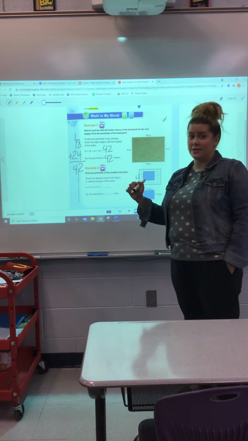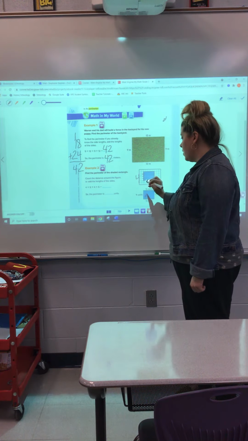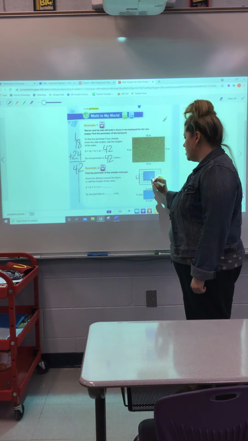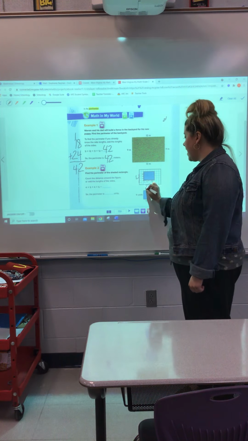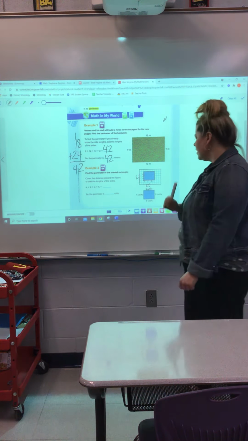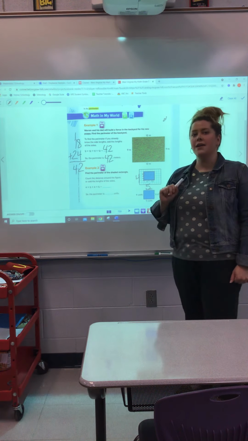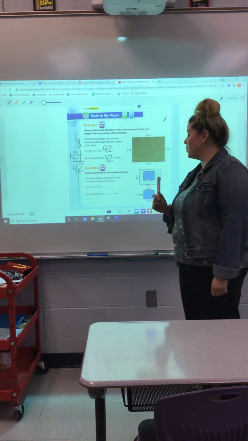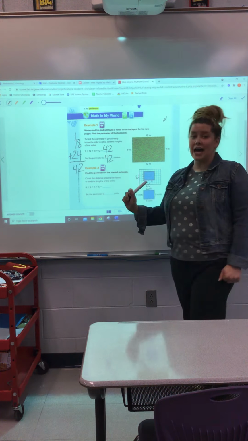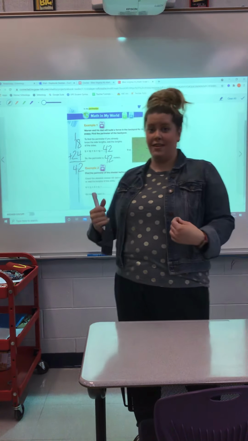It's got 4 squares. Now let's count how many squares are along the bottom. 1, 2, 3, 4, 5. So the bottom is 5 square units. Now here's a question. Would I need to count this side? Nope, I would not have to because opposite sides on squares and rectangles are the same length, okay?